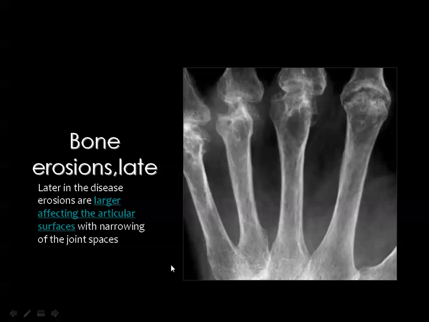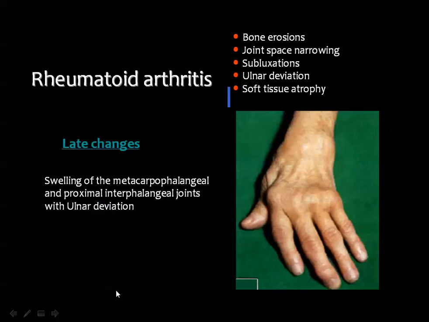And bone erosions will enlarge and will go into the articular surface. It will affect the articular surface of the joint on both sides, and this may result in narrowing of the joint space, as you can see here and here.